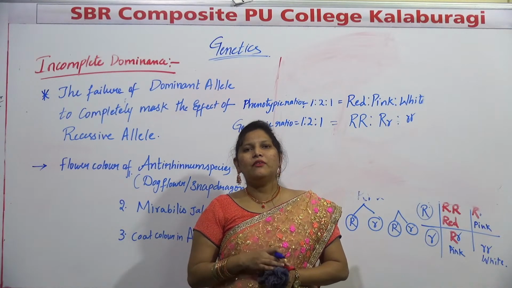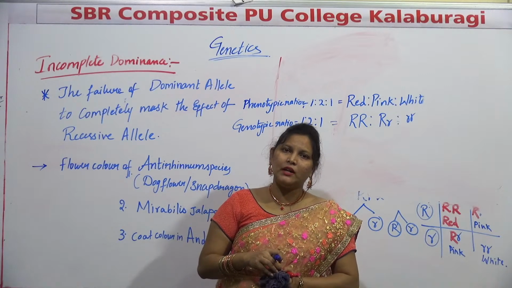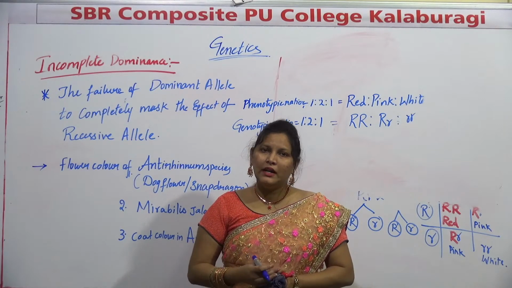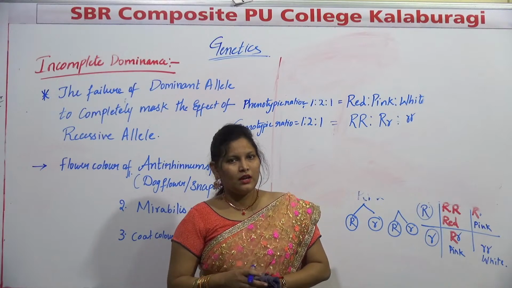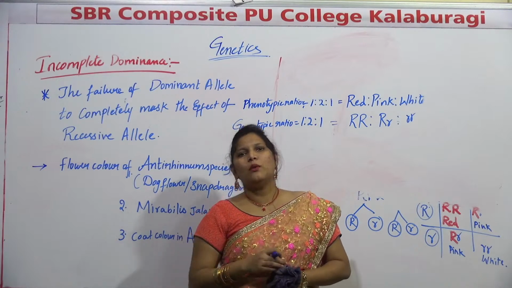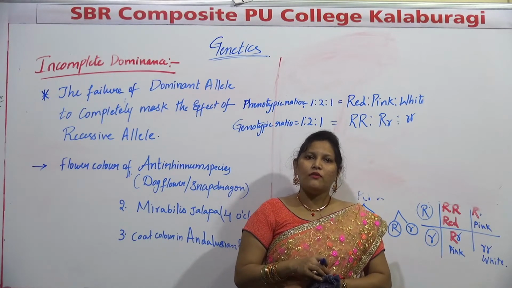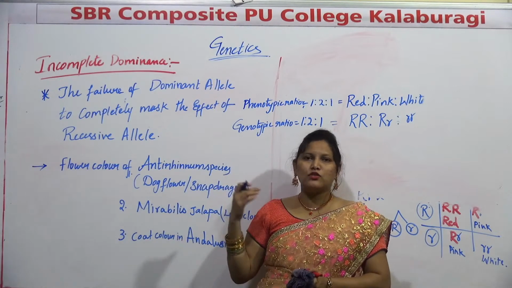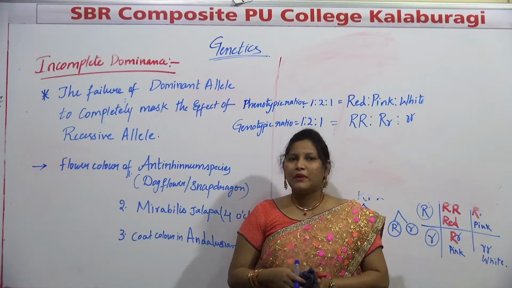But here, the F1 individual has represented neither the character of the dominant parent nor the recessive parent, but has expressed an intermediate trait, which is again a deviation. So this incomplete dominance is disproving Mendel's law of dominance. The law of dominance cannot be proved in case of inheritance of flower color pattern of this snapdragon.